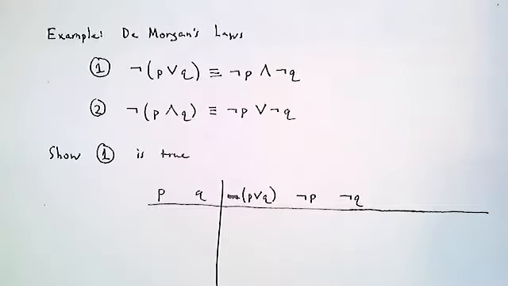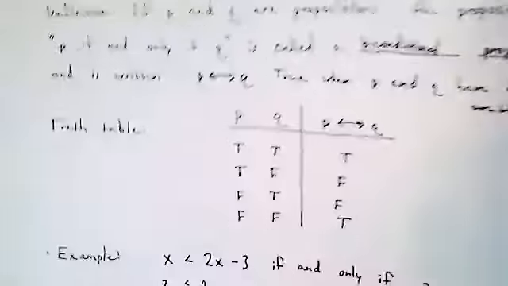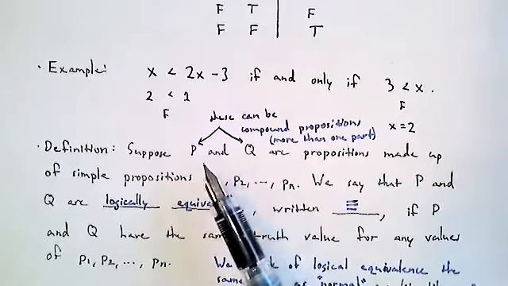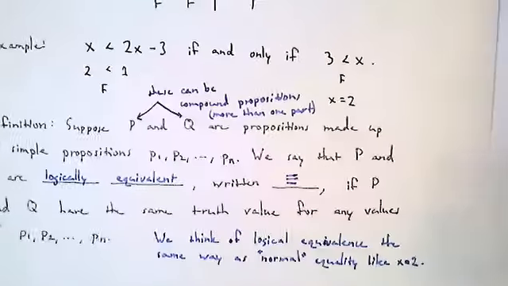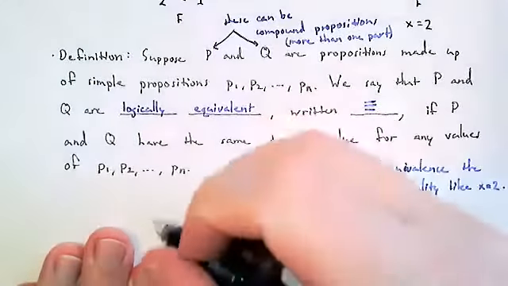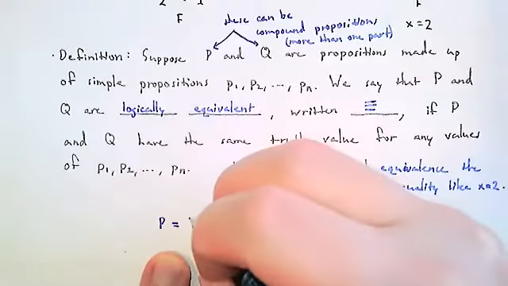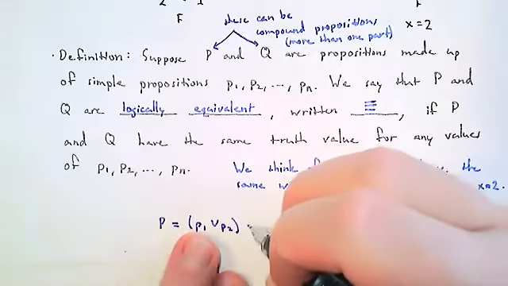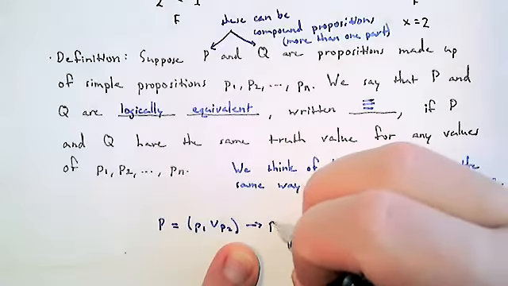Going back to the last page, are you asking about these capital letters? Okay. What I mean here about P and Q, I'm not thinking of these as sets, as just groups of propositions. I'm thinking of something like a more complex proposition. So P could be P1 or P2, and then an implication and, I don't know, P3.